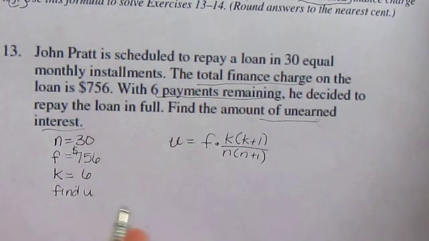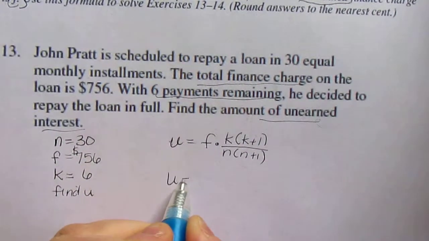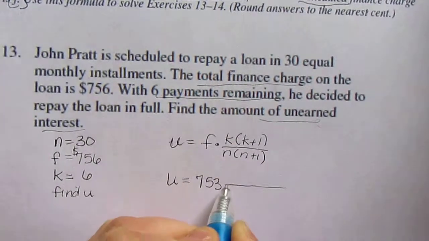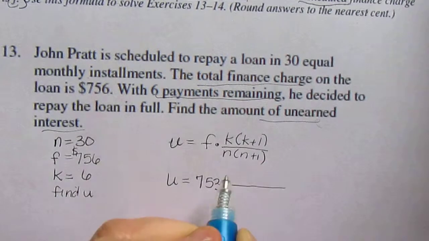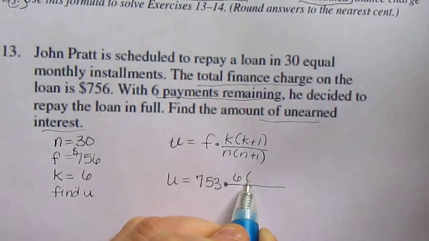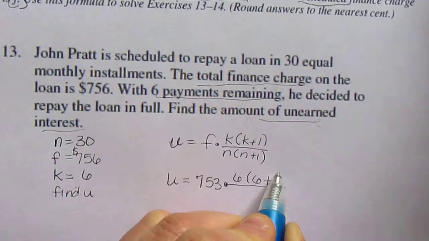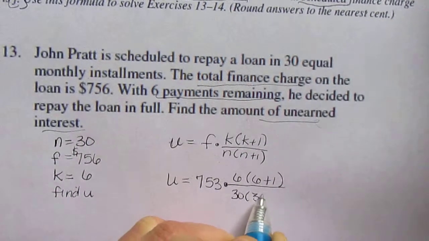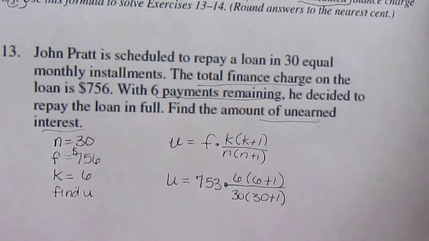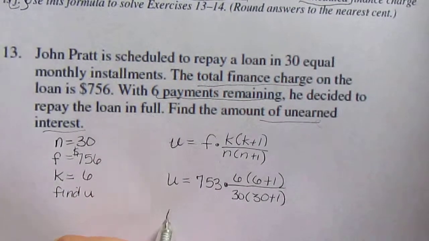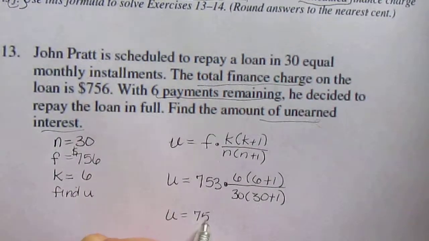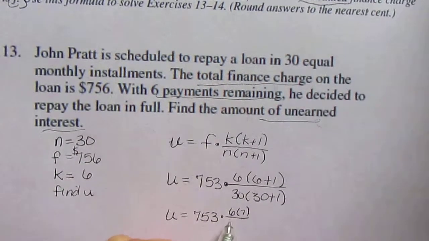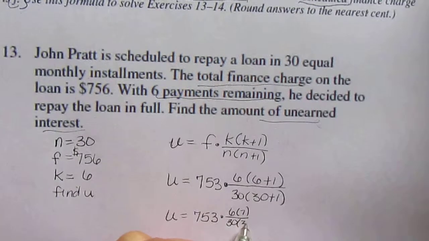U, that's what we're looking for, equals 756 times, in the numerator, we have 6 times 6 plus 1. In the denominator, we have 30 times 30 plus 1. That's it. U equals 756 times 6 times 7 over 30 times 31.